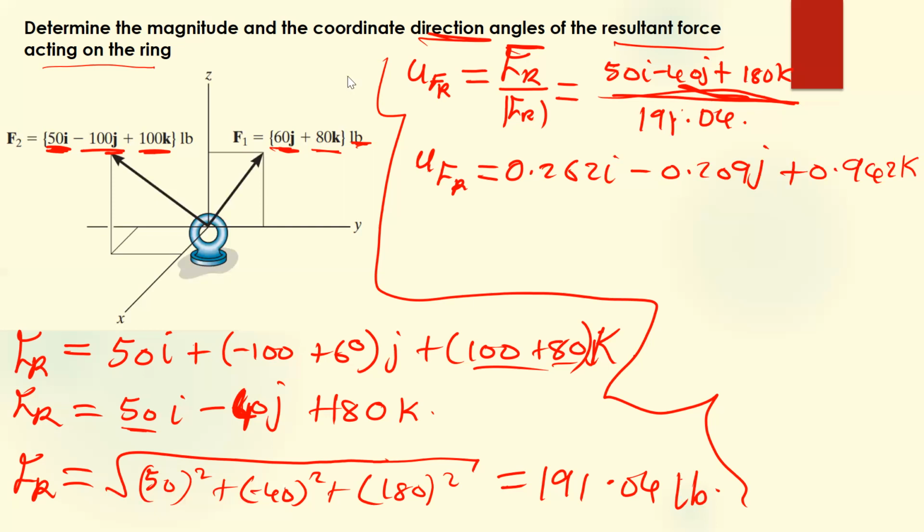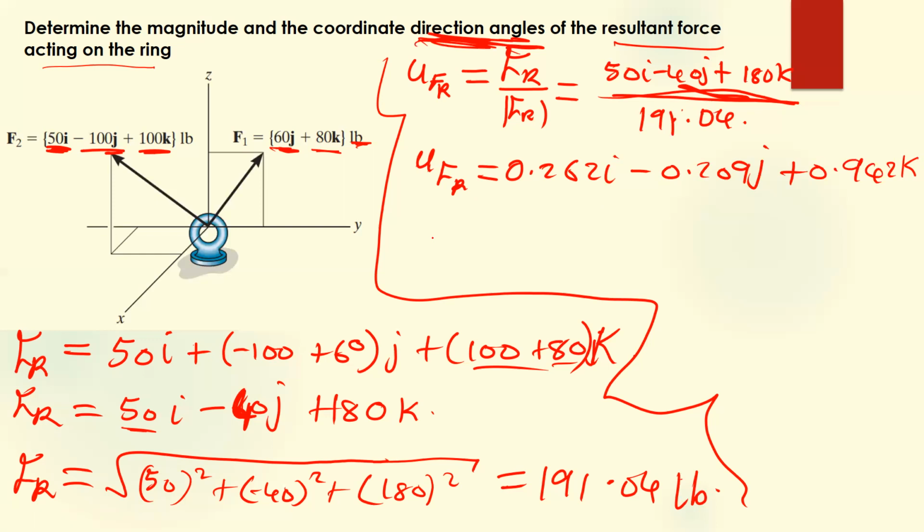So after finding these values, the next thing that you need to find are the direction cosine angles, because that's what we've been asked to find in the question. And how do you find that?